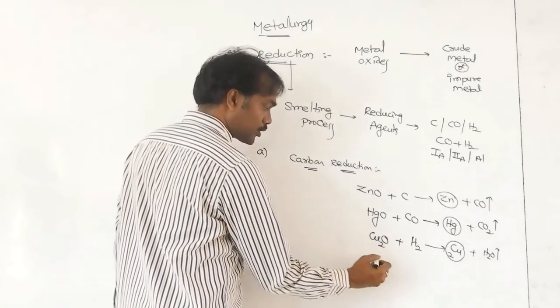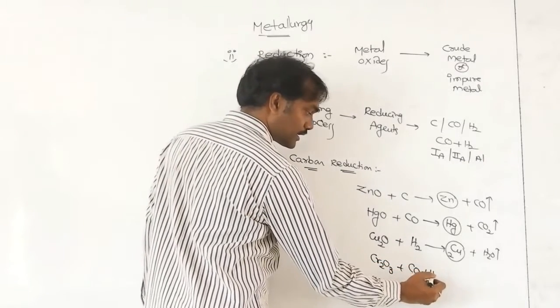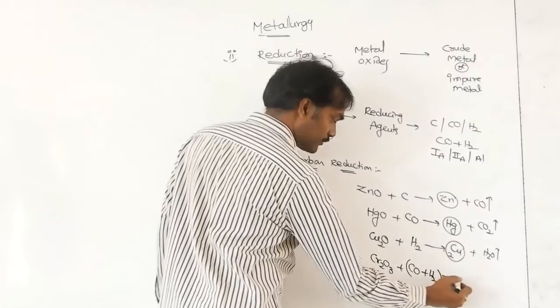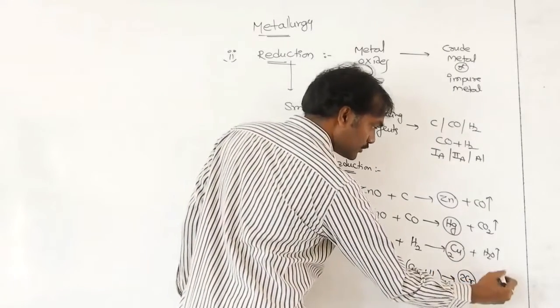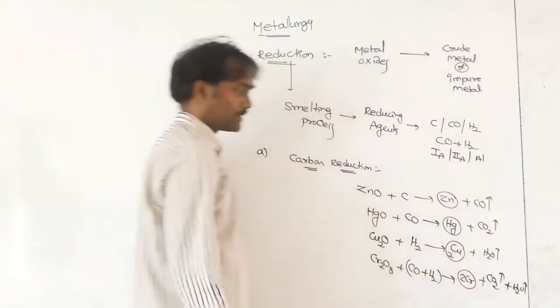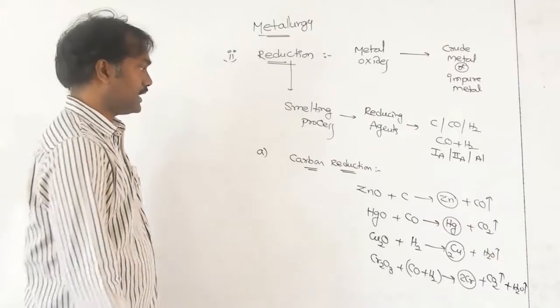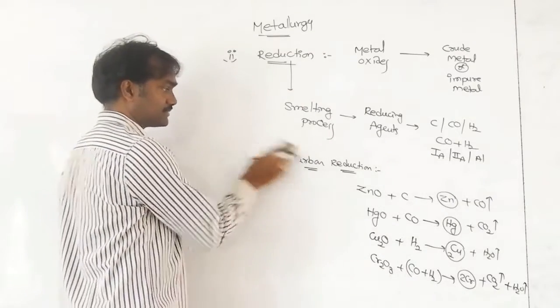Chromium oxide, Cr2O3, treated with water gas, then chromium is separated, CO becomes CO2 gas, H2 becomes H2O water vapor, and so on it will go. Next, another reduction.